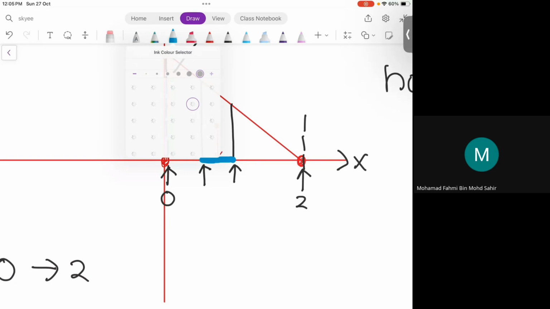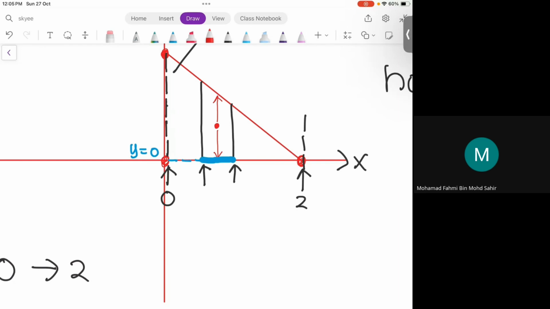This horizontal line is at the position y equals to 0, right? This is y equals to 0. And when you move it out, you see the other line. This is not a horizontal line. This is a tilted line.